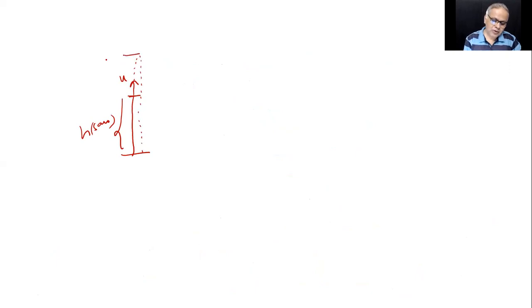So until here, it took time T1. From there, it took time T2. So this h is how much is the question. Tell me, how do we do this? Any idea? Or do you want me to do it for you?